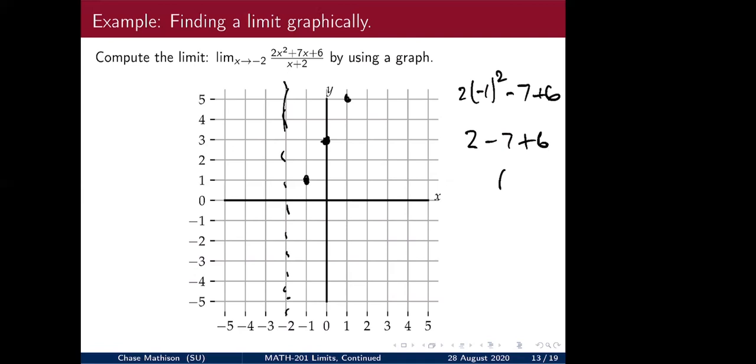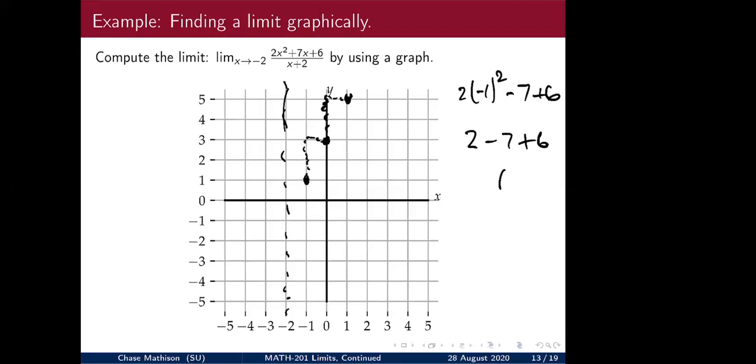So 5. Huh, that's funny. It's not funny, I planned this. To get from this one to that one, I went up 2 over 1. To get from this one to the next, I went up 2 over 1.